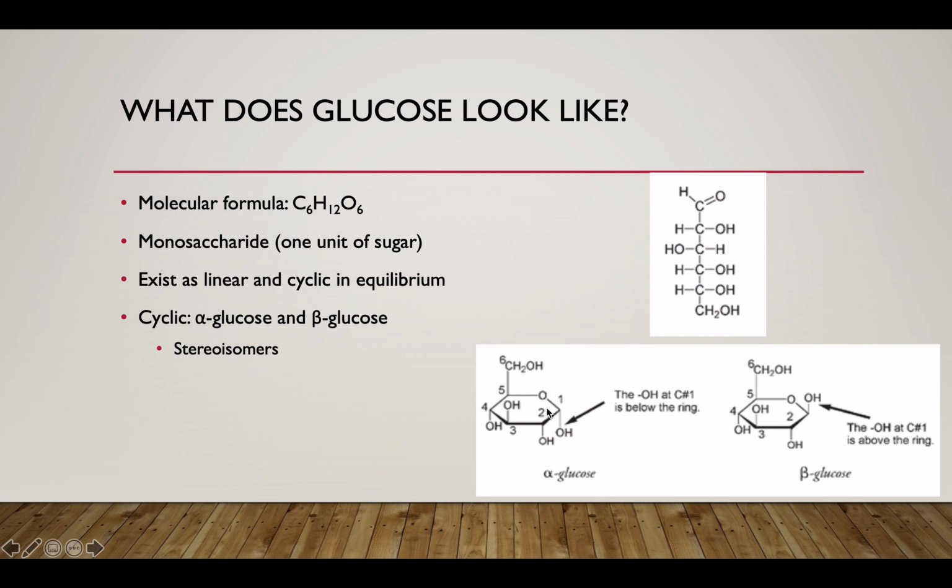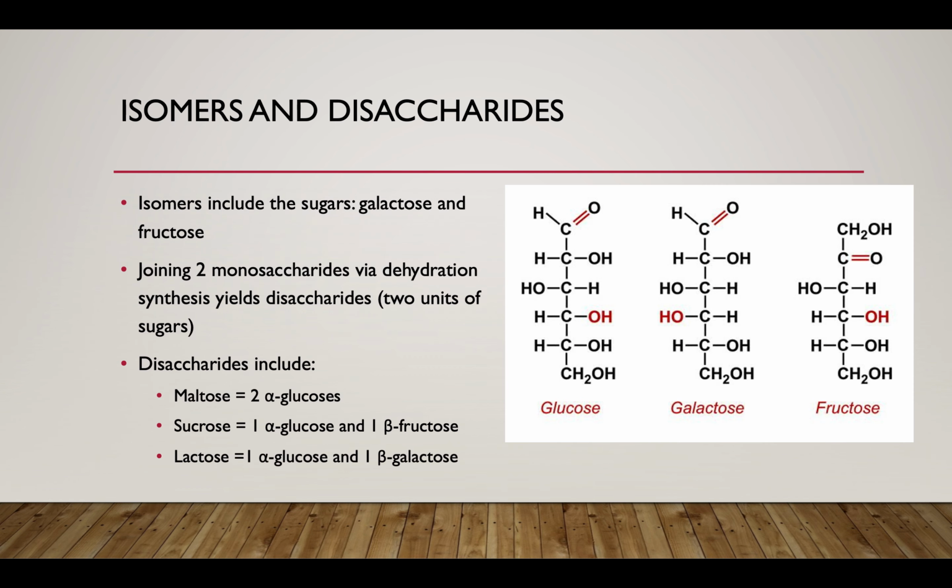So we know that they have the same molecular formula, which means that's an isomer. And only one group is in a different place in space. So we call that stereoisomers. So alpha and beta glucose are stereoisomers of each other.